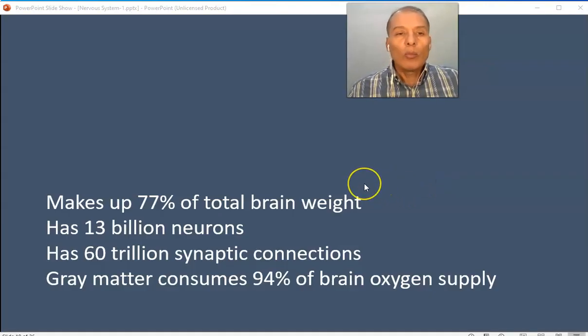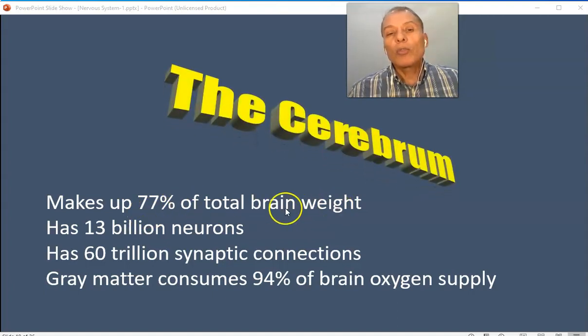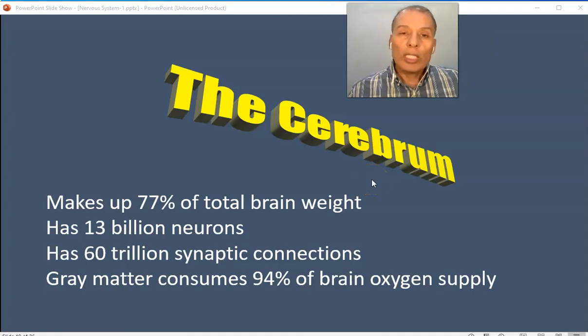Now we move on to the biggest structure of the whole brain. That is the cerebrum. It makes up 77% of the total weight of the brain. It is made out of mostly gray matter and white matter.